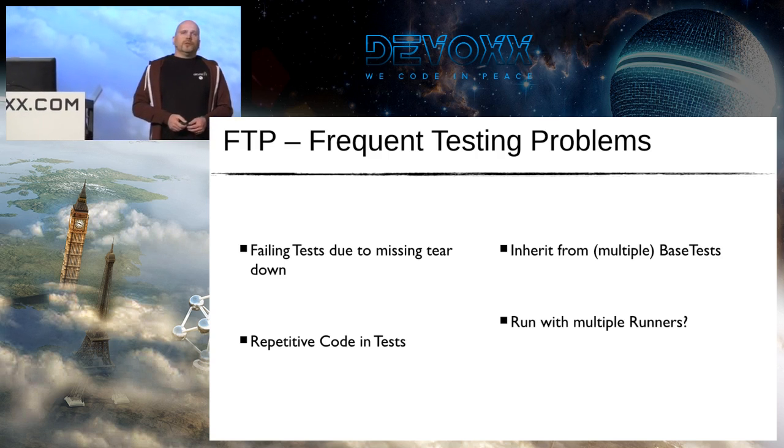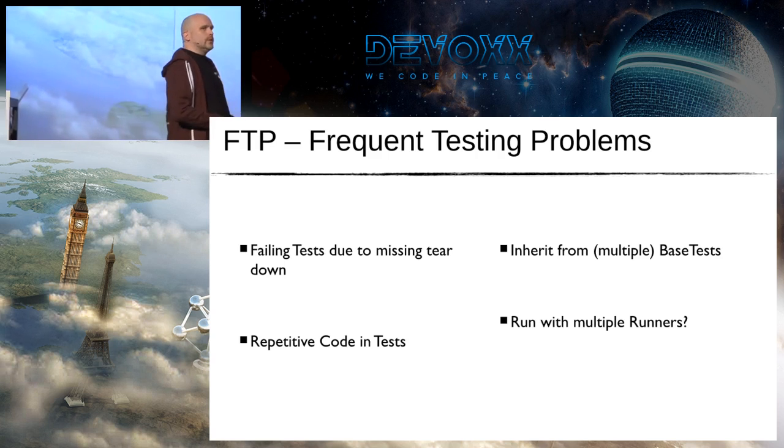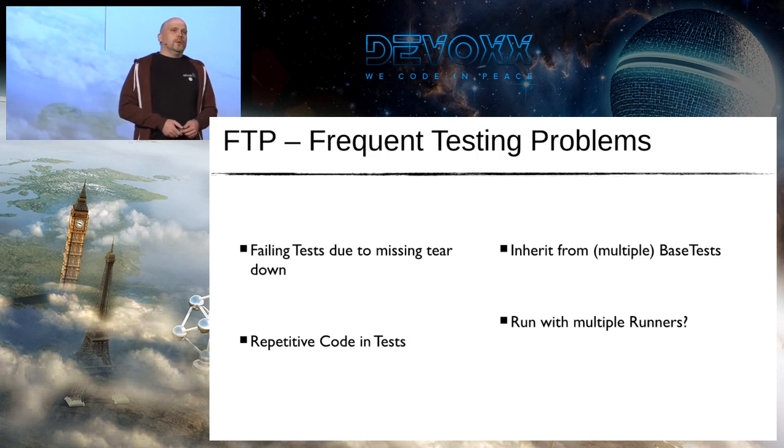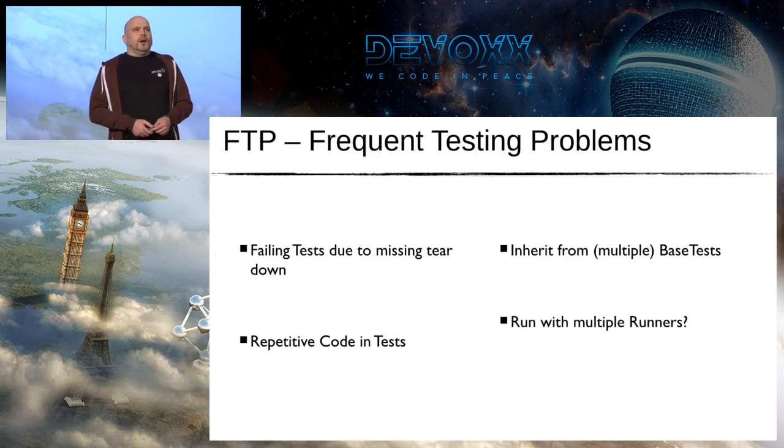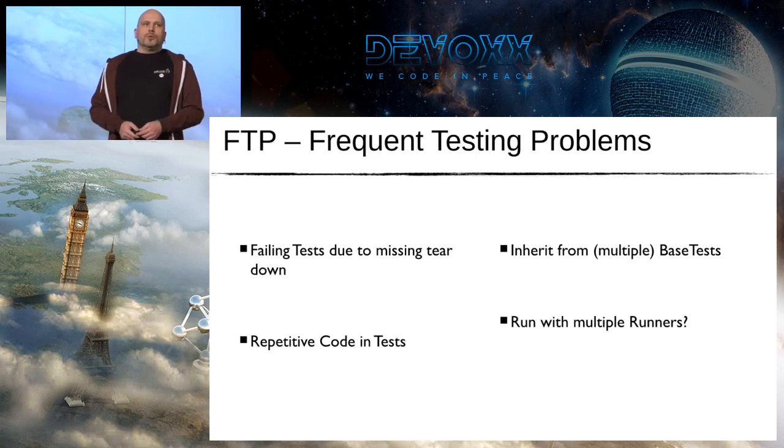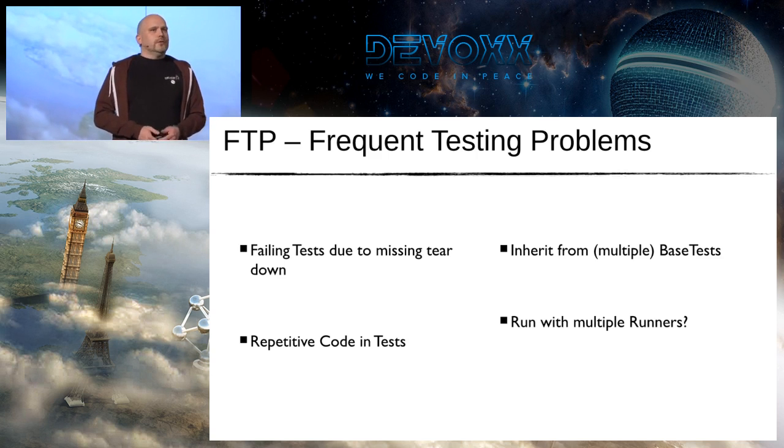Rules solve a lot of problems that we get with tests many times. One of the most annoying problems that you can have with tests is you have a test that runs fine in your IDE when you run it alone, but then on the CI server, where it runs with all your other tests, possibly hundreds or thousands of tests, it starts failing.